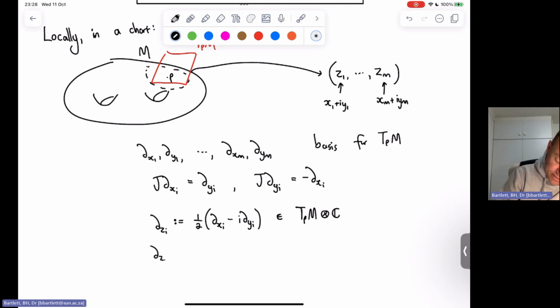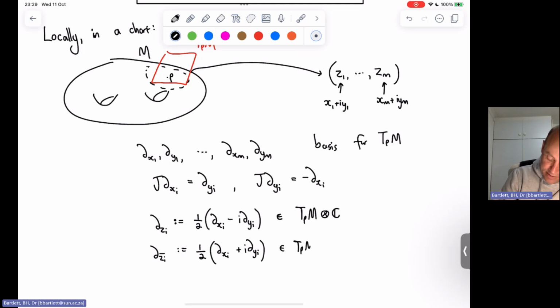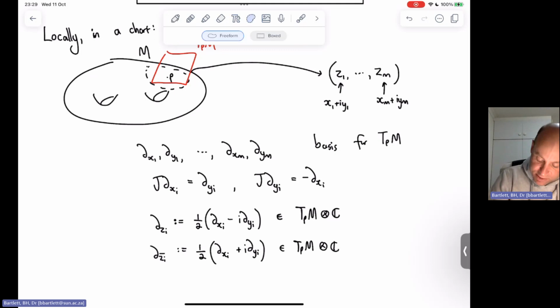And similarly, I've got this guy here, which is the same thing, but I'll write it like that. So that's del xi plus i del yi, and that's also living in the complexified tangent space at P. And actually, it's not just in the tangent space, it's in a certain component of the tangent space.